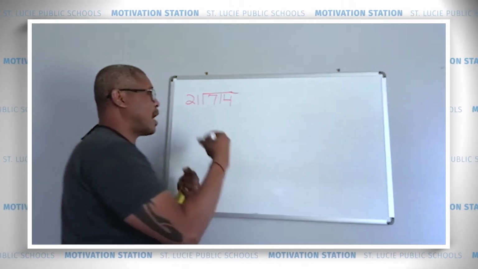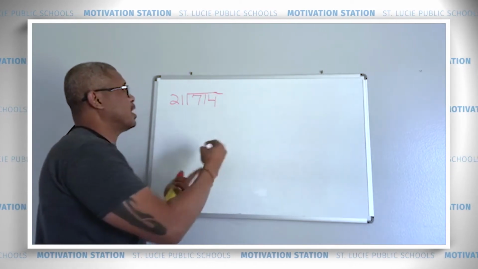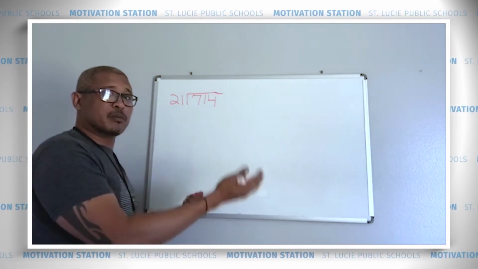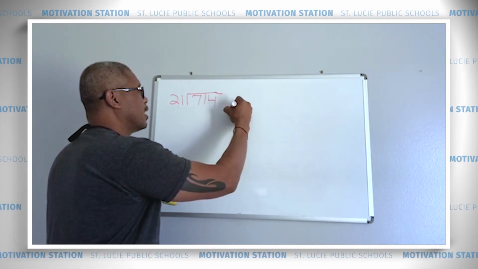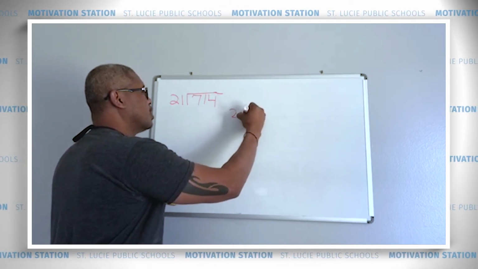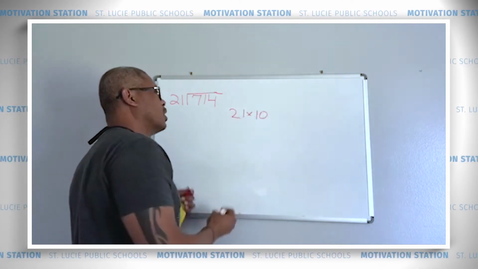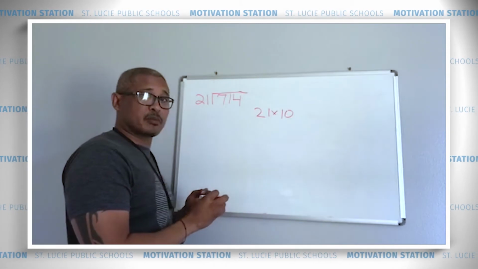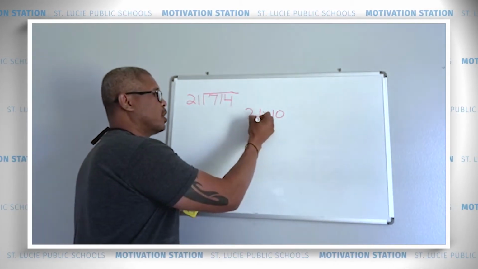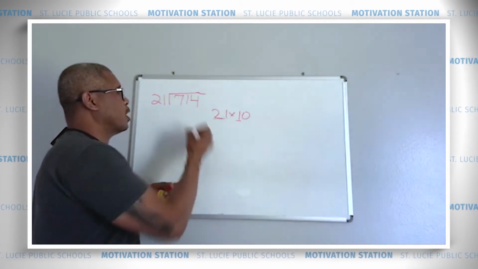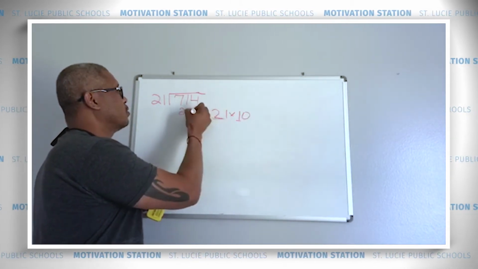Please follow along, because as I'm doing this, I'm going to keep track of what I'm subtracting or multiplying. I'm going to start with 21 times 10, because it's easier to multiply: 21 times 1 equals 21, and I have 1 zero.